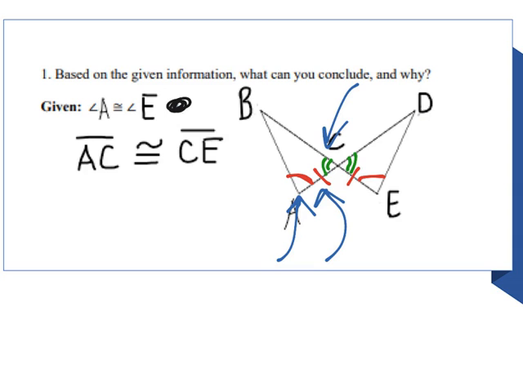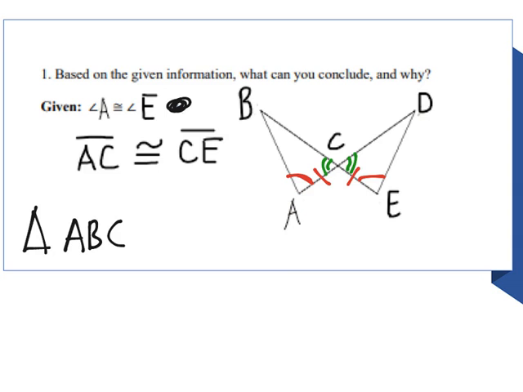Let's see the other one. It follows the same pattern: angle, side, angle. Again, it works out. So these two triangles, in fact, are congruent. I'm going to take all these little arrows away so we don't get confused with them. So what I would write is the following: triangle ABC is congruent to triangle EDC.